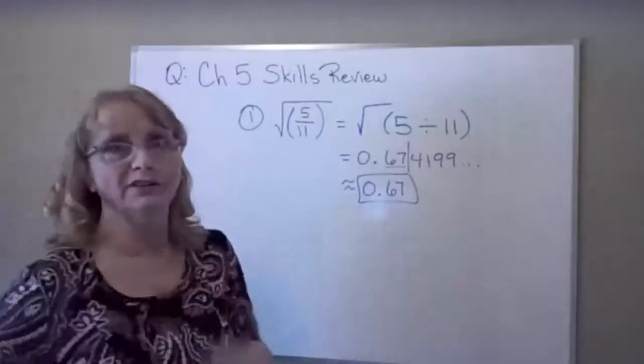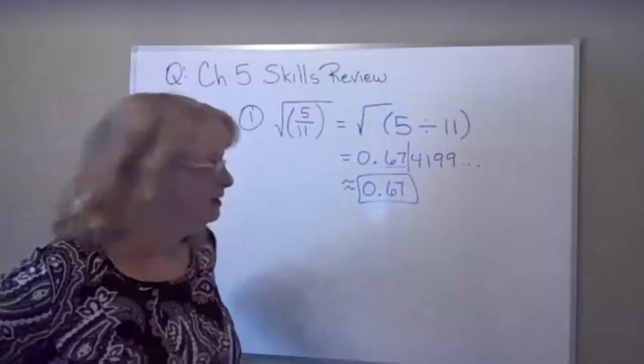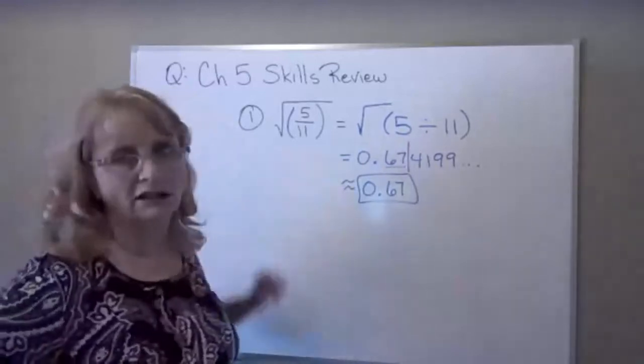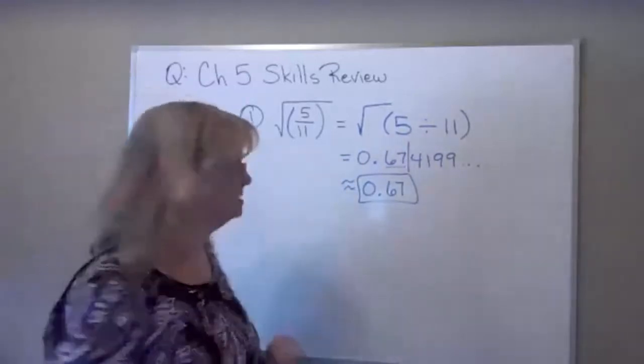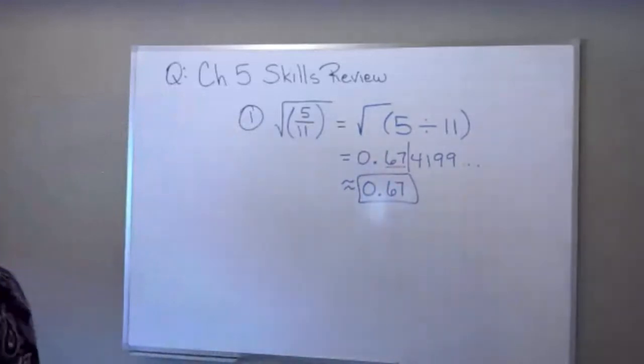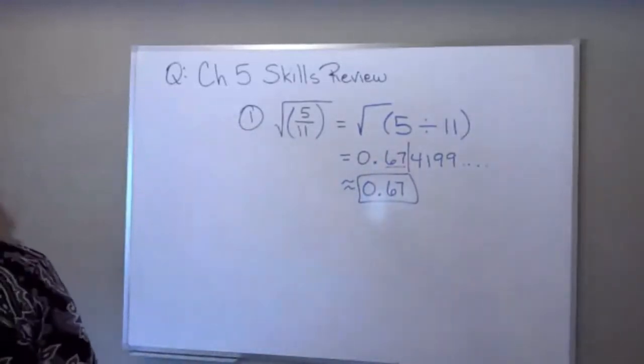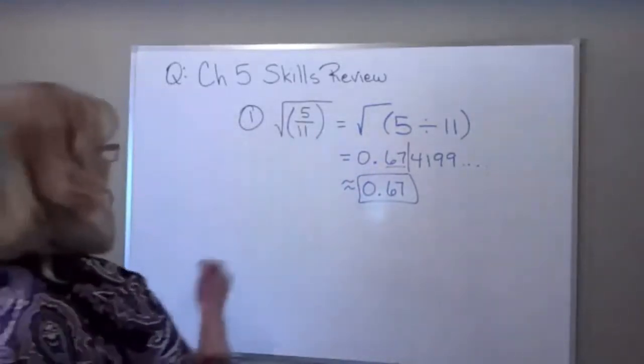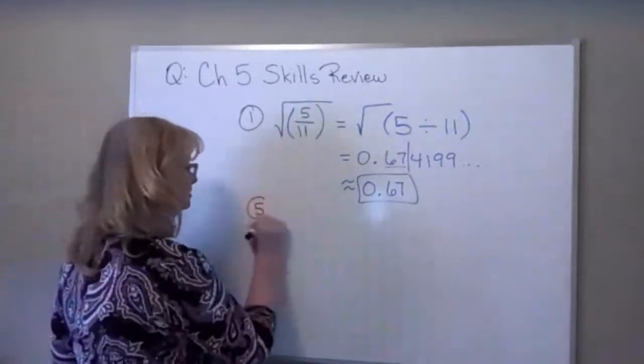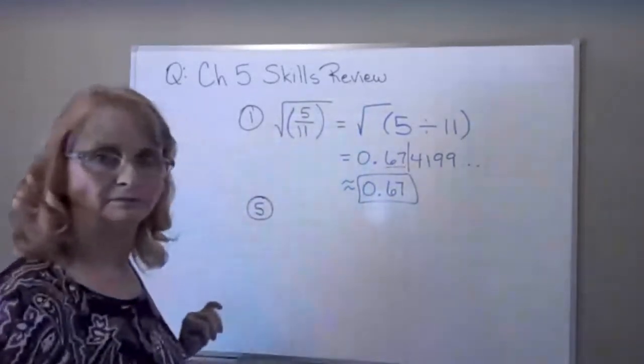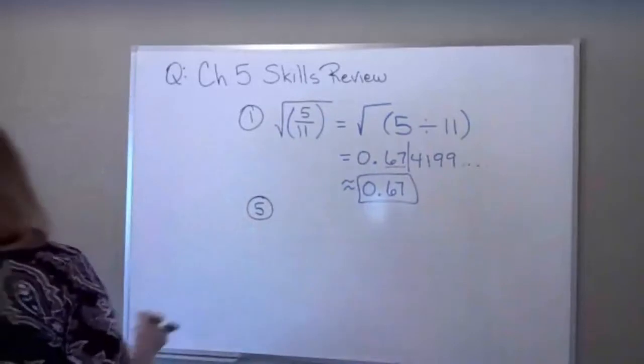Everybody should get 100 on this particular quiz. They're all like this. Then we're going to jump to the first one that's different, which is number 5. And on mine, it looks like this.